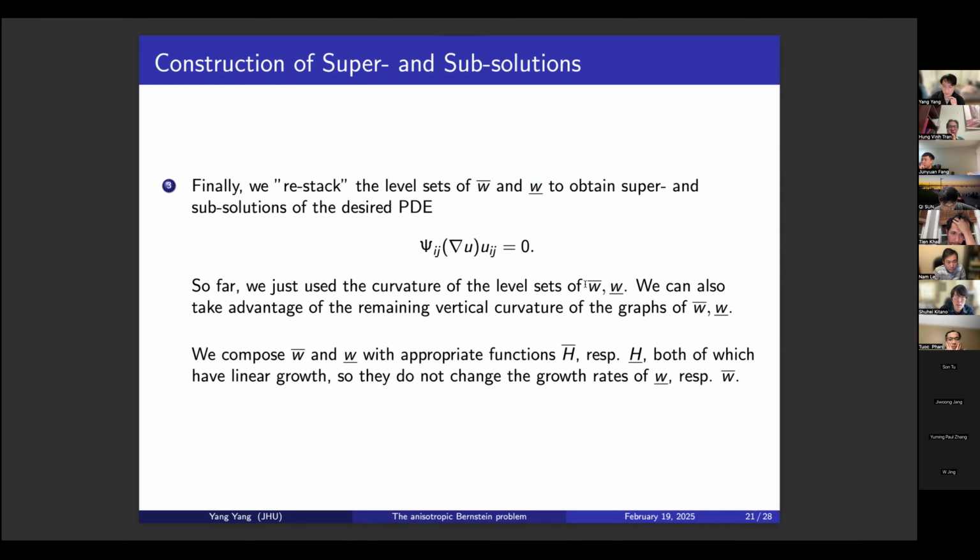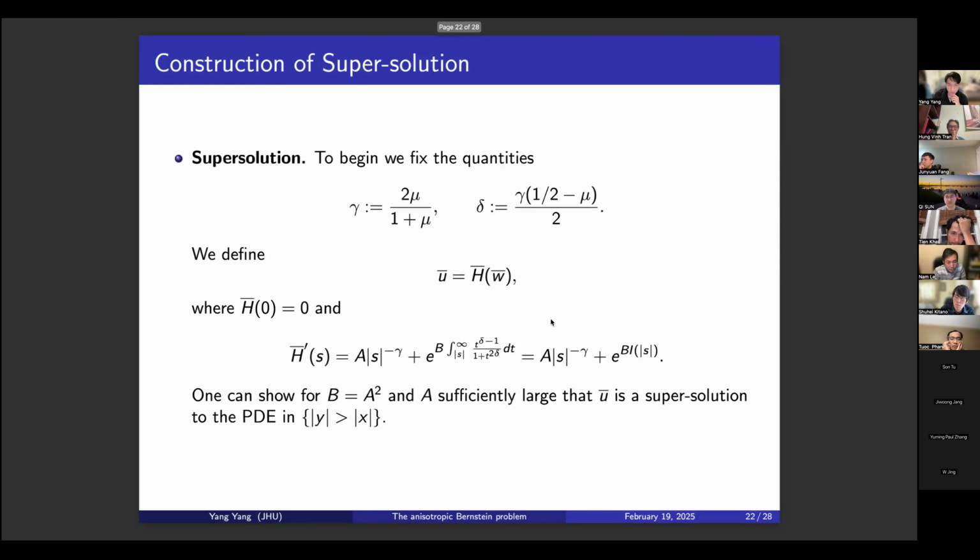We compose W subbar and W superbar with the functions H superbar and H subbar, so that we can take advantage of the remaining vertical curvature. So far, we just use the curvature of the level sets. For example, to construct a supersolution, we make U superbar to be the previous H superbar composed with this W superbar. It looks technical, but the point is that we don't have the supersolution on the whole region anymore.